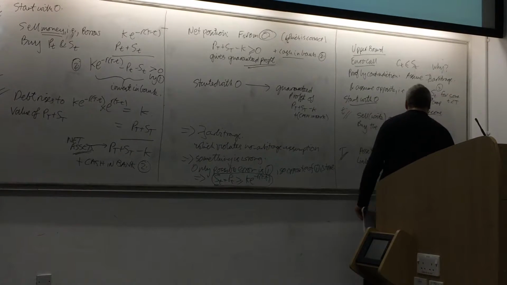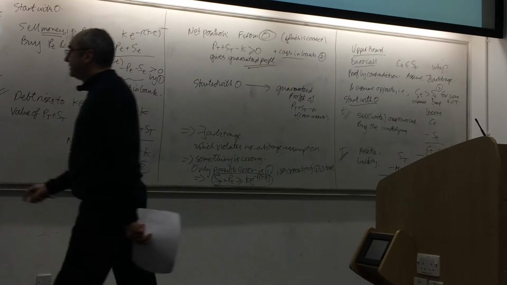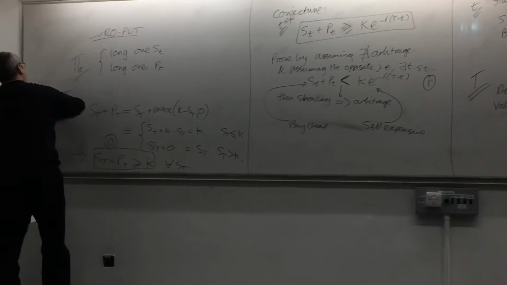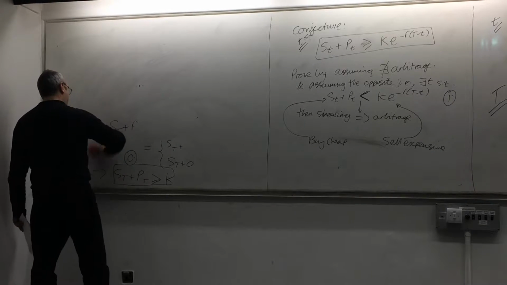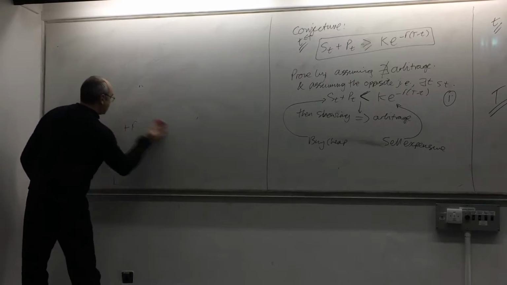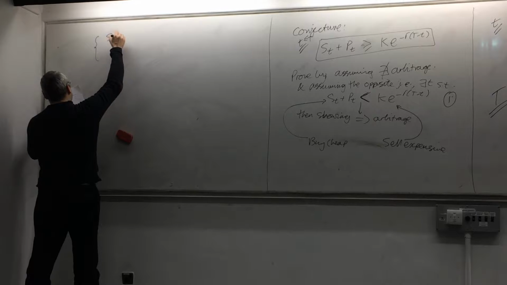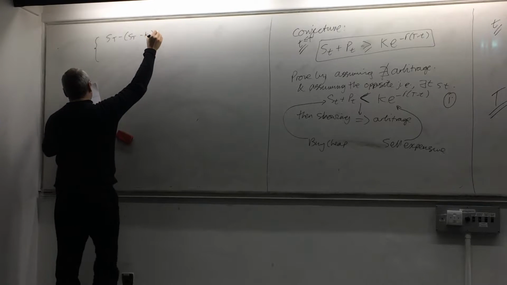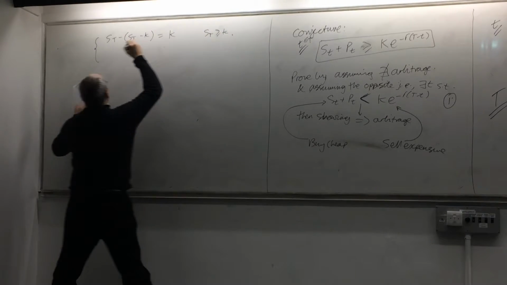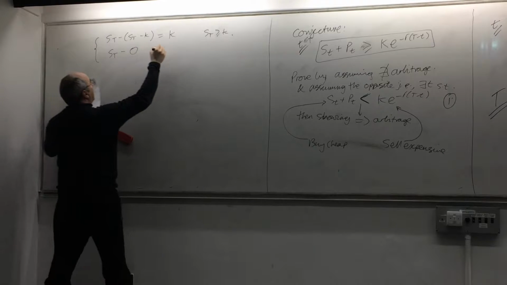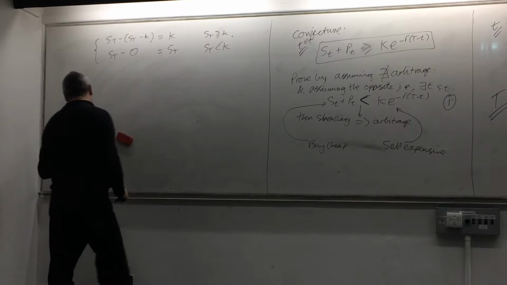And if I subtract that all off to find out what my net position is, it's going to be S_T minus (S_T minus K), which is just K, and that's the case if S_T is greater than or equal to K. And it's S_T minus 0, which is just S_T, if S_T is less than K. Okay?